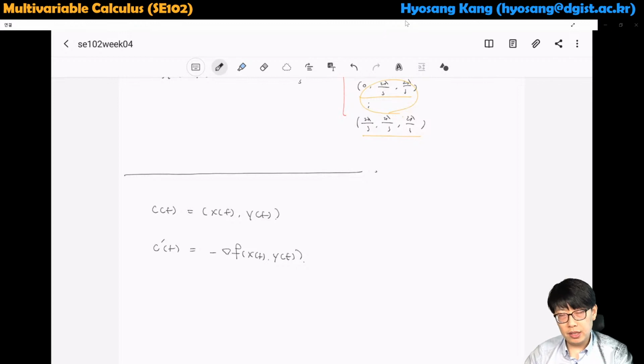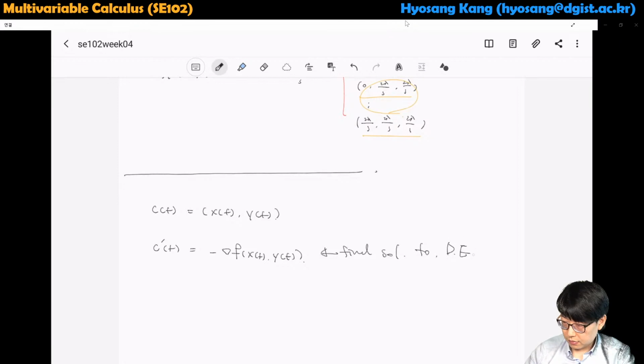So I actually need to solve for t. I actually need to find a solution to this differential equation. But if the function is complicated, then it's not an easy task, so I used a numerical solution by MATLAB. So here's the code.